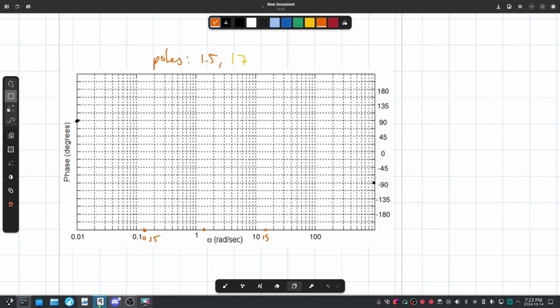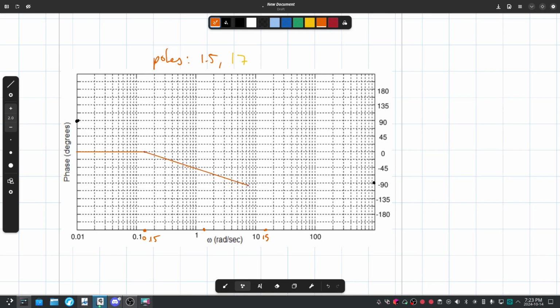And so, how these pole graphs are going to work, I did send a screenshot of this just above a while back, but it might be a little hard to find. So before 0.15, it's going to be 0. Afterwards, it's going to decrease at a rate of 45 per decade.